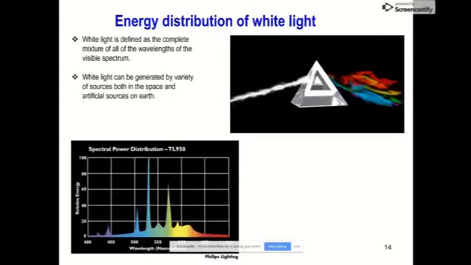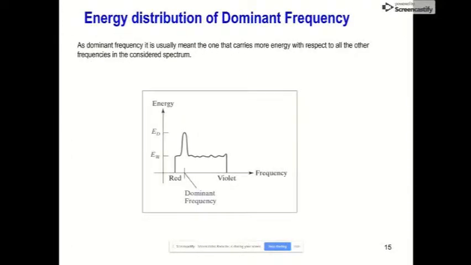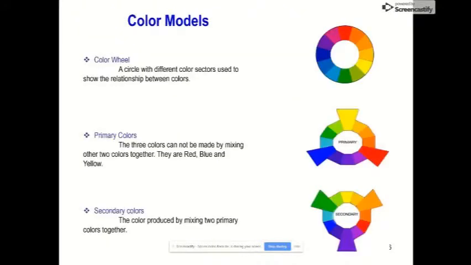White light is distributed into multiple colors with varied energy, and in this energy distribution you can see that between red and violet, one color has more energy than all the other colors. This is called the dominant frequency here.